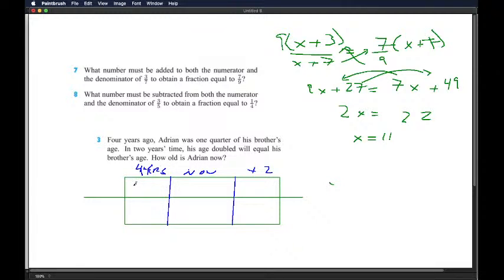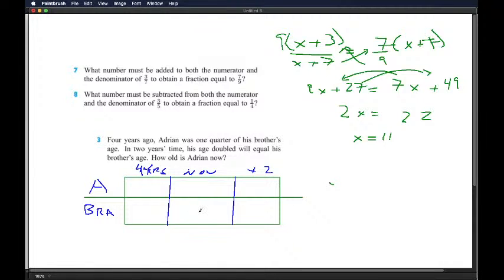How are you guys doing? Do you have something? So this is Adrian here. Let's call him Adrian, and this is bro. So let's see. 4 years ago, Adrian was 1/4 of his brother's age.